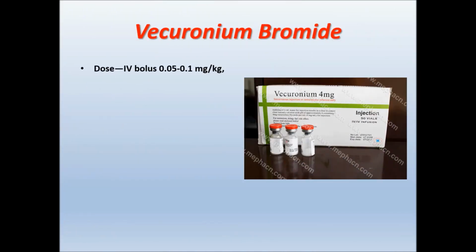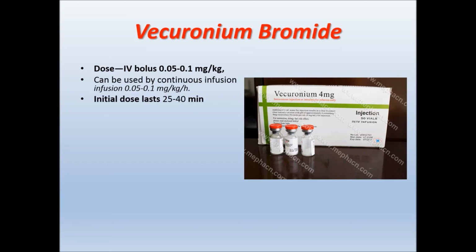Rocuronium bromide dose, IV bolus dose 0.05 to 0.1 milligram per kg, can be used by continuous infusion. The infusion rate is 0.05 to 0.1 milligram per kg per hour. Initial dose lasts 25 to 40 minutes, has no CNS effect, i.e. it does not increase the intracranial pressure, and has no cardiovascular effect.